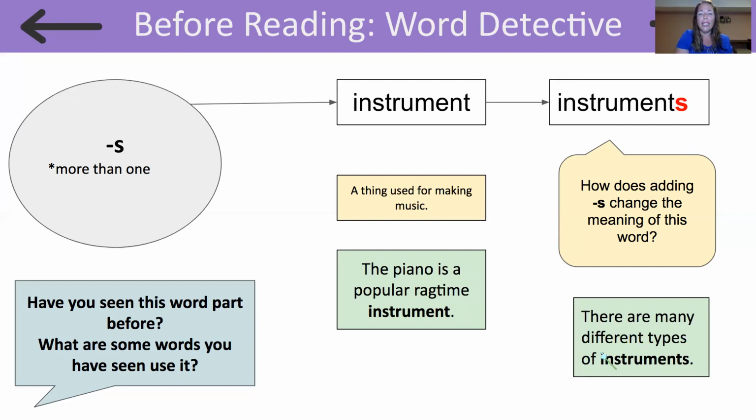There are many different types of instruments. Now that S at the end tells us that there's more than one. Maybe there's two, maybe there's 202. We don't know. So we do know that there's more than one because the S is added at the end of the word.